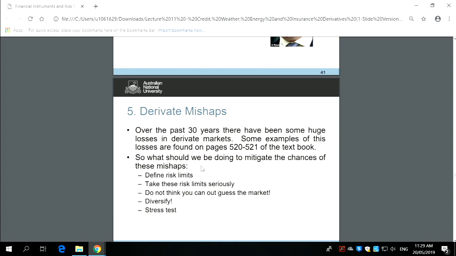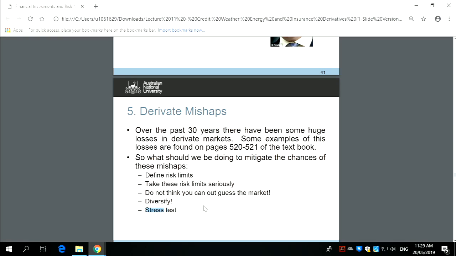Okay, so what lessons should we learn from those derivative mishaps? First, you need to define the risk limit. Actually, this and stress tests go together. Nowadays, most banks run value at risk, right? Basically, value at risk measures the risk of loss for investments. It estimates how much a set of investments might lose given a probability.